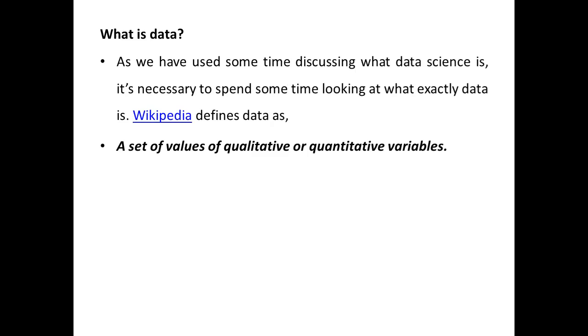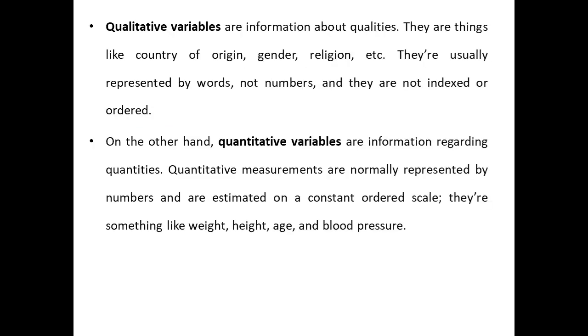It is necessary to spend some time looking at what exactly the data is. As given in Wikipedia, it is a set of values of qualitative and quantitative variables. Qualitative variables are like country of origin, gender, religion, etc. These are usually represented by words, not numbers, and they are not indexed or ordered.